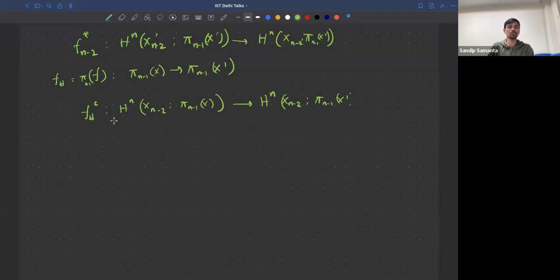So this is the change-of-coefficient-group homomorphism.